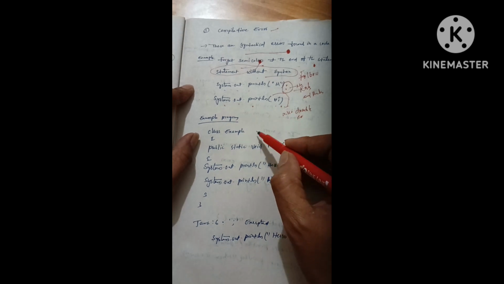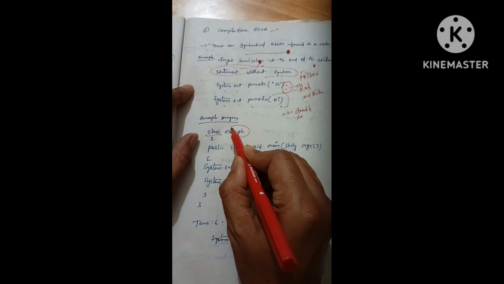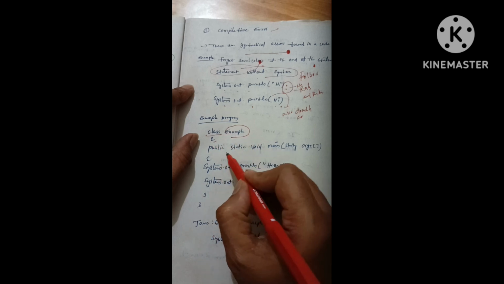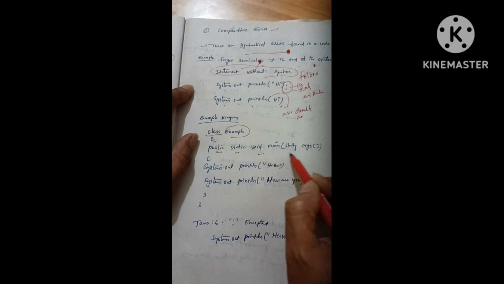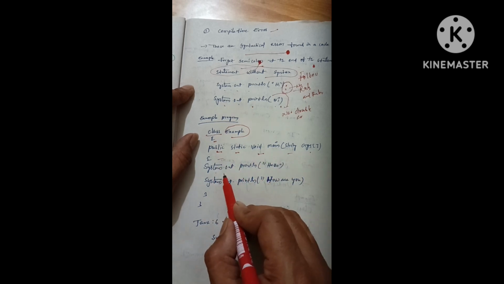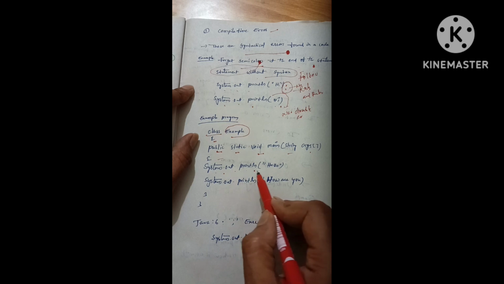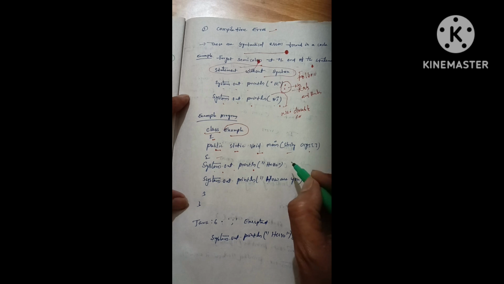Example program: Example is the class name, then an open brace, public static void main, String args. Then System.out.println hello. In any language, C or Java, every statement ends with a semicolon.